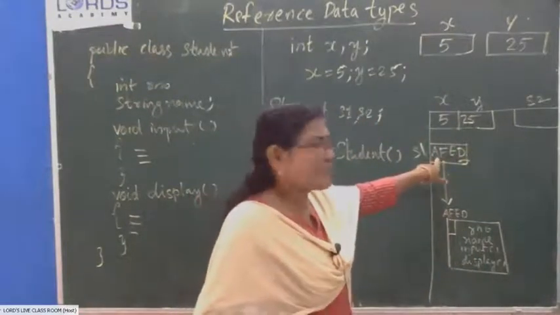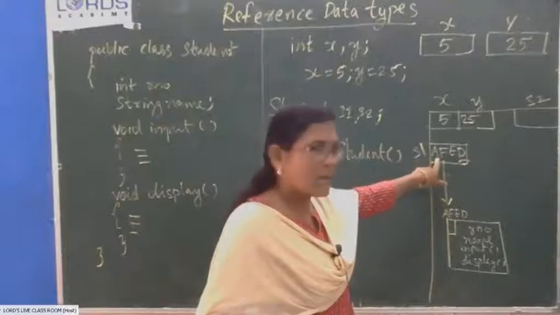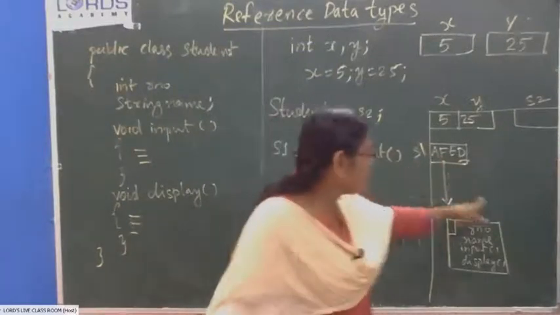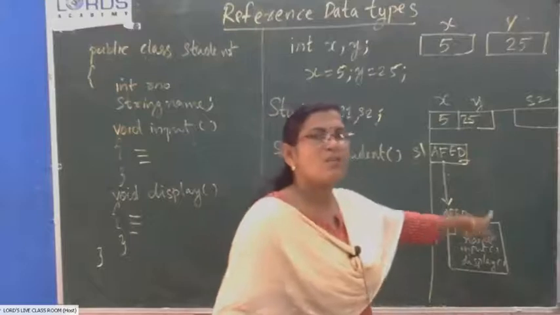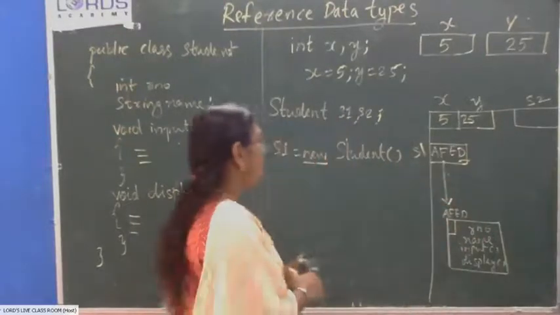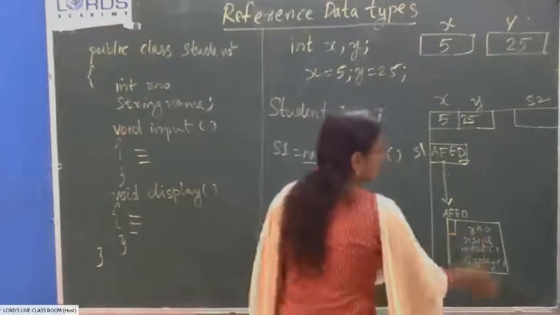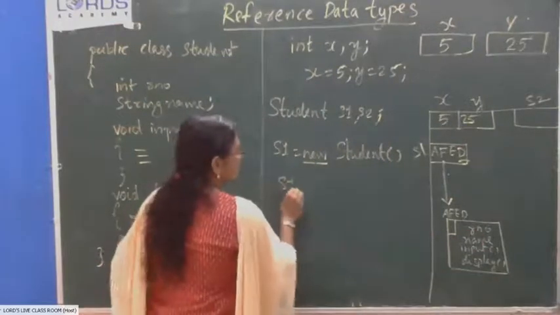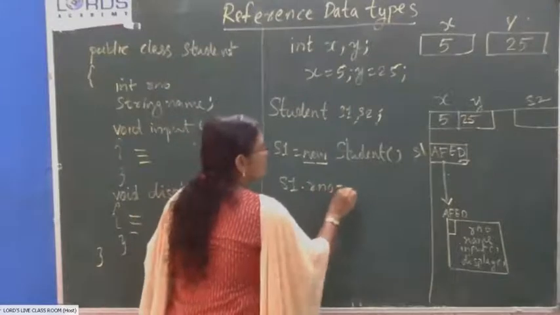If we go to S1 and take this value, we will be able to go to the location where the object of the student class is created. Now if I want to store the roll number, S1 dot roll number equal to 1.